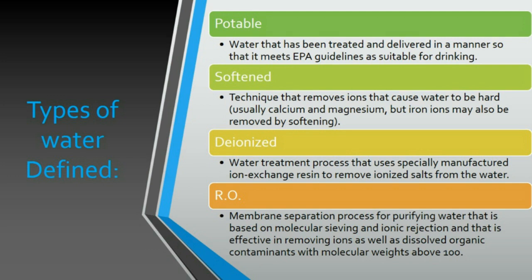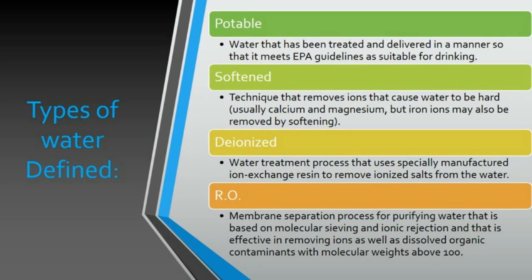So when we start to think about potable water, it can still be on a level that maybe an instrument manufacturer would not recommend, especially for a final rinse. Softened water has had a technique that removes ions that cause water to be hard, usually calcium and magnesium, but iron ions may also be removed by softening.